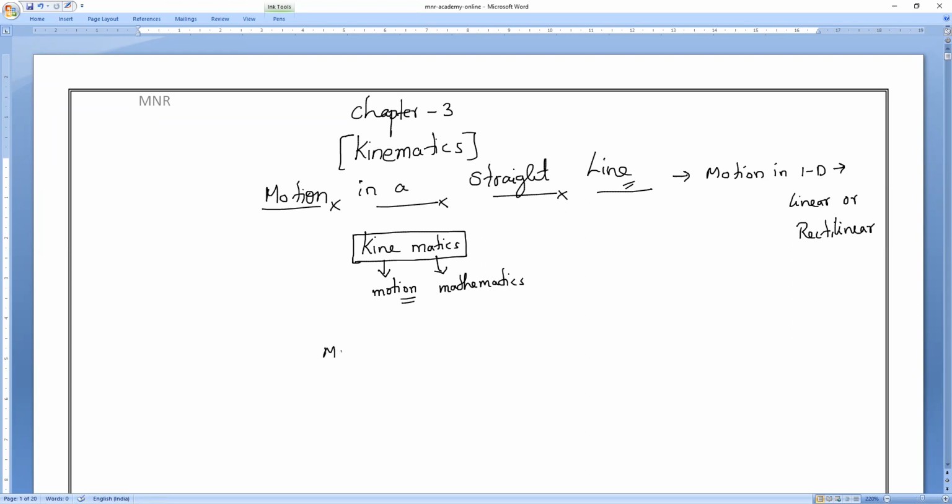Next, motion in two dimensions means a motion of an object in a circular path or a projectile motion. You might remember that. For example, this is a building. From the building, if a ball is thrown, the ball will fall like this in a curved path.